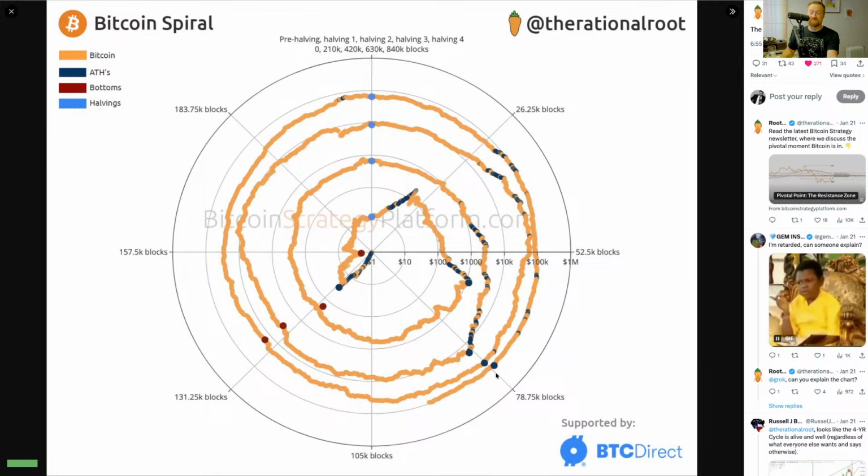But the last all-time high, right, before it breaks down, is always about 78,000 blocks after the halving. And then you only have to go another 50,000 blocks to the bottom, which is like a year.